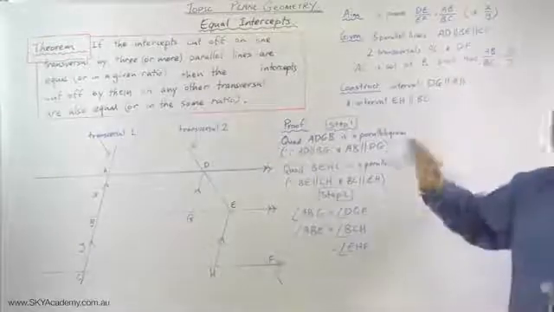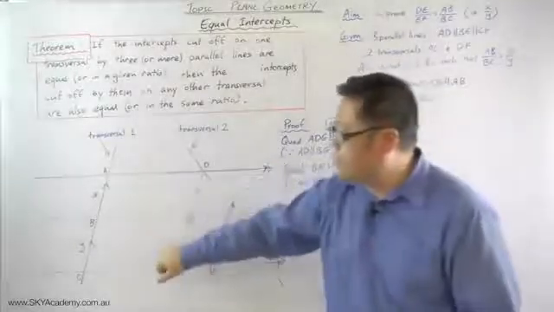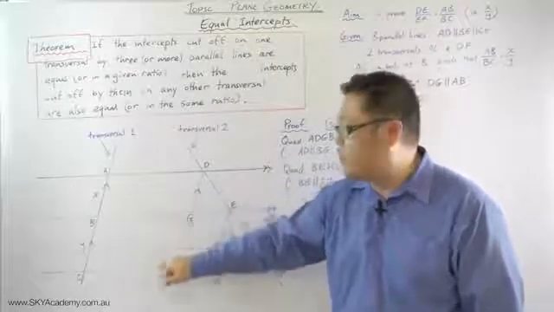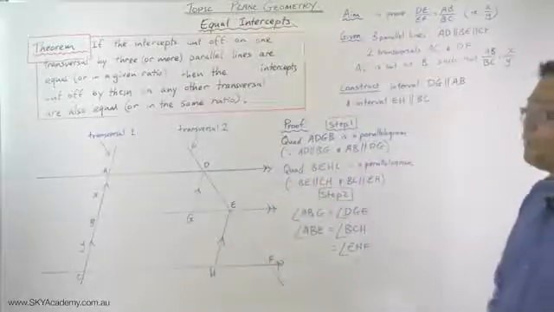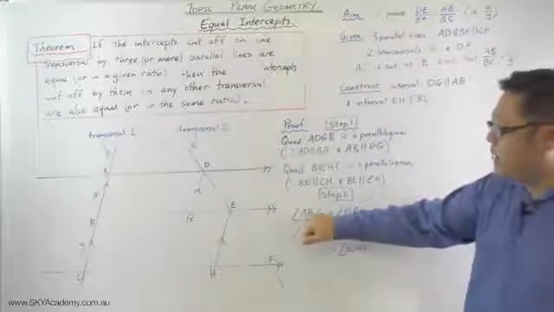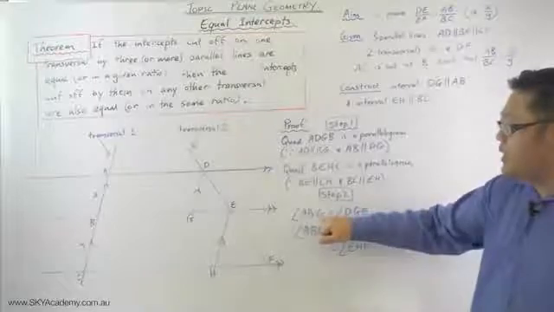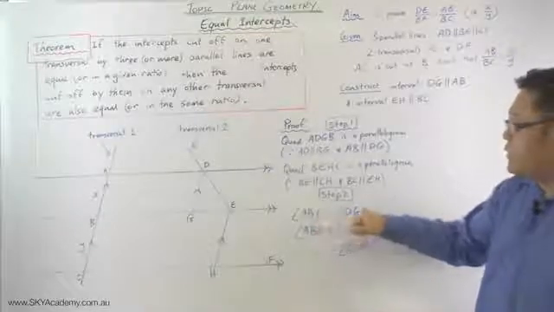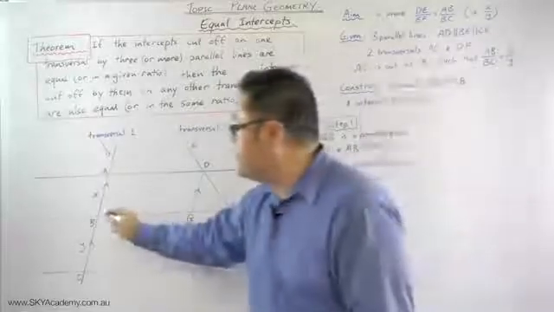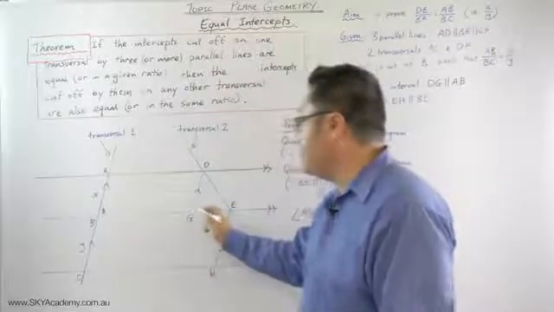So now that we've worked out that these two quadrilaterals are parallelograms, the next step here, all right, is this. What we're going to do is work out angle ABG and say that it's equal to angle DGE, which is basically this angle here, and I'm going to put a little star there, and that angle there.